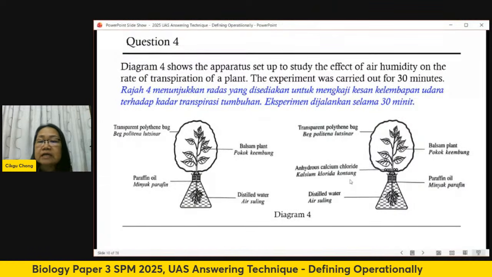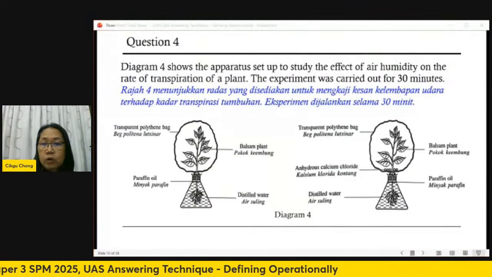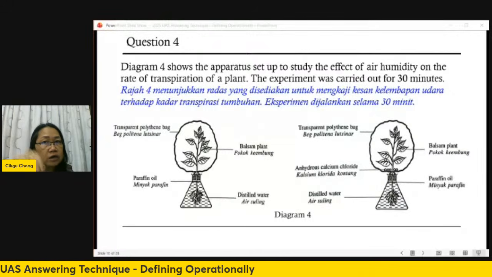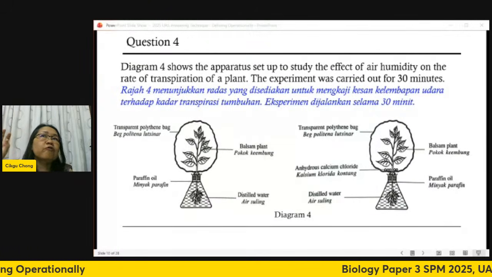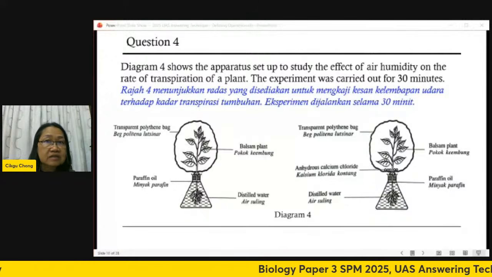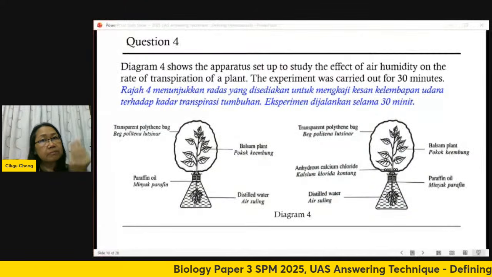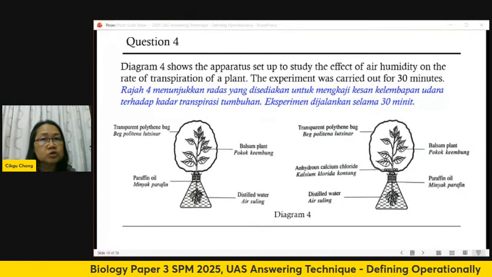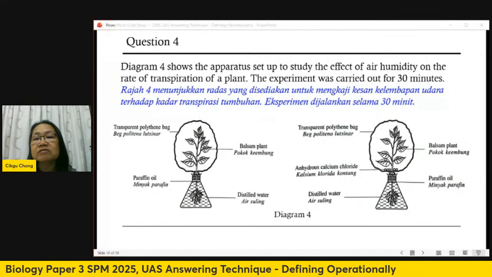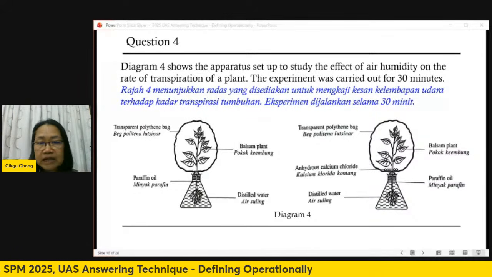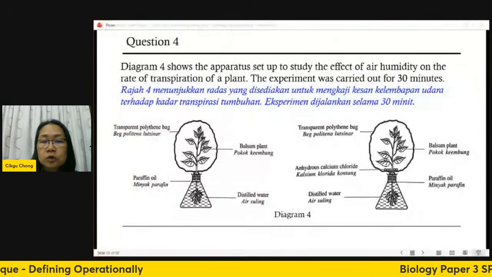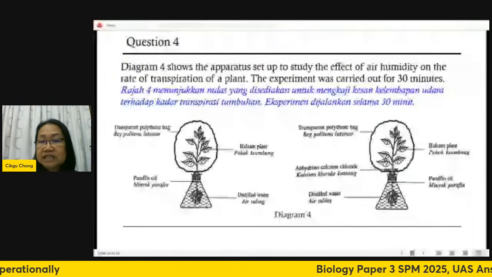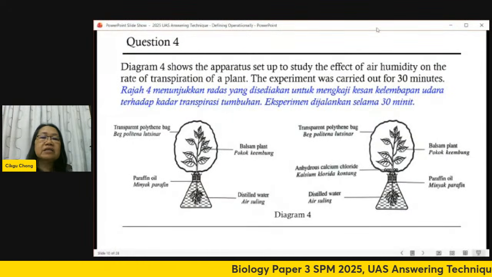That one, you put in the water for the aquatic plant when you do your photosynthesis experiment to see how fast the bubbles come up. That one is to provide carbon dioxide. It's sodium bicarbonate or sodium hydrogen carbonate, it's the same. So remember this is to absorb moisture.